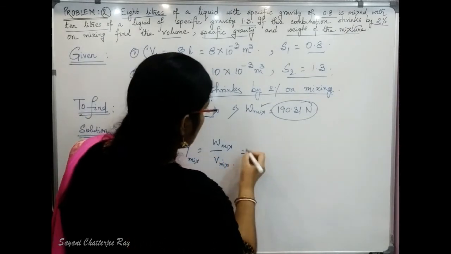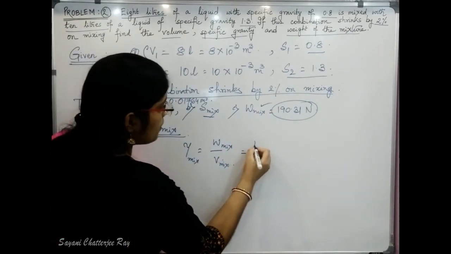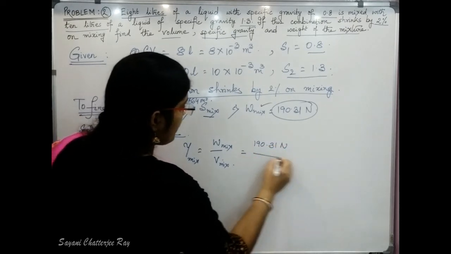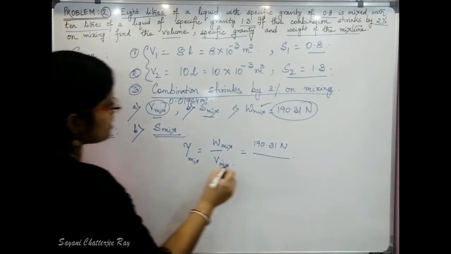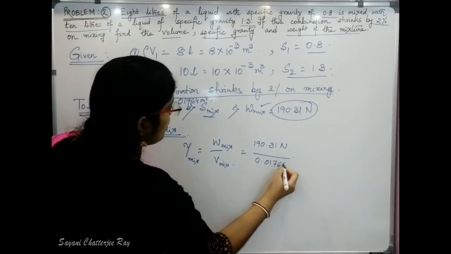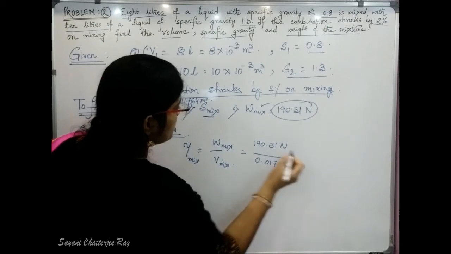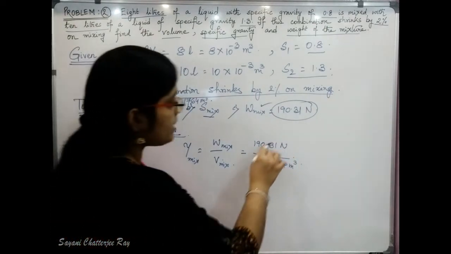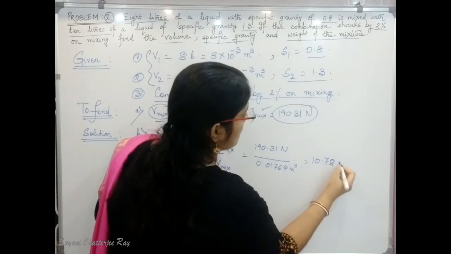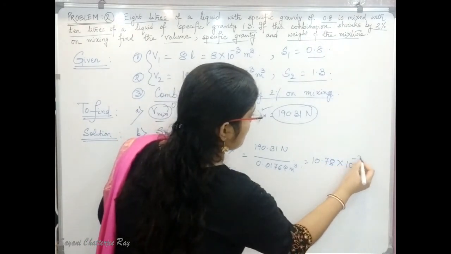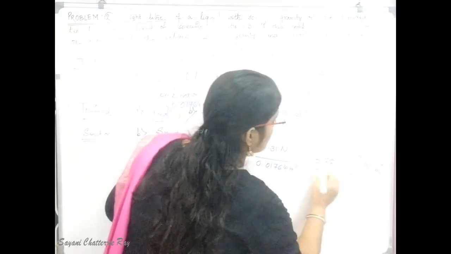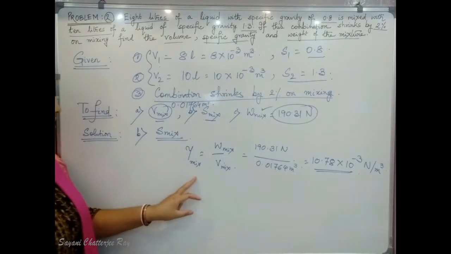Now W mix is nothing but 190.31 Newton divided by the volume of the mix, which is 0.01764 meter cube. So dividing both of these, we get this gamma mix.